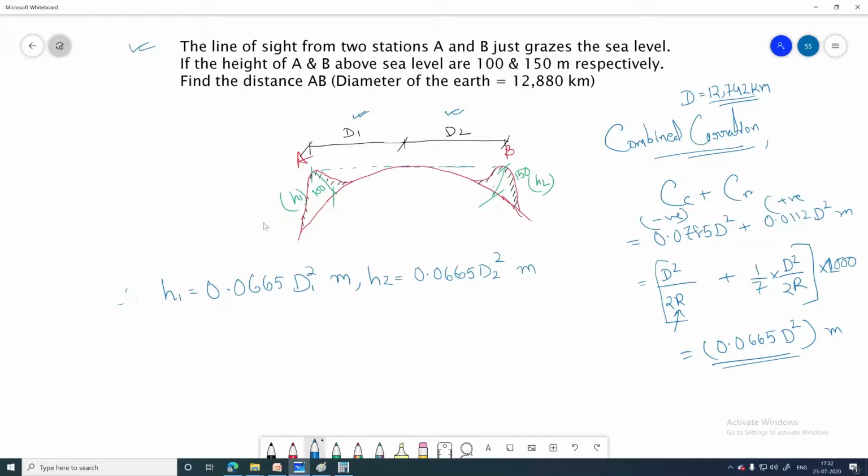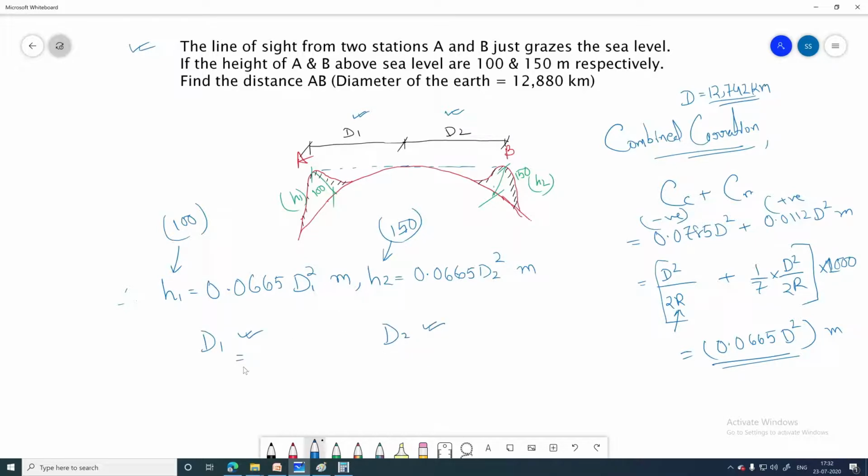So what I need to do is first put the value of H1, that is 100, and put the value of H2, that is 150. Okay, so when you put the value of H1 and H2, you will get the value D1 and D2, right.